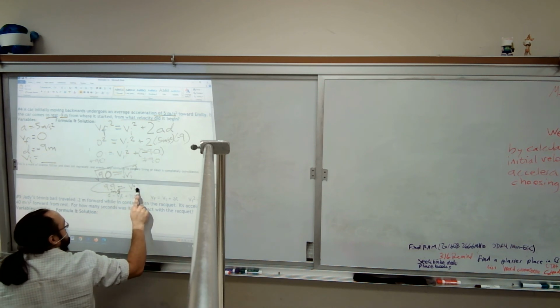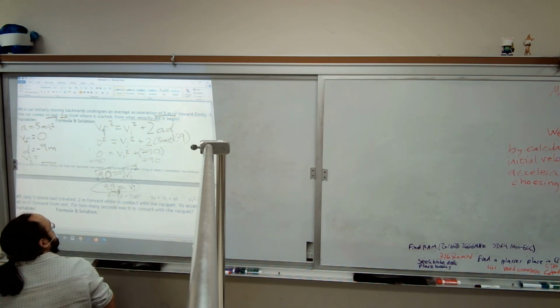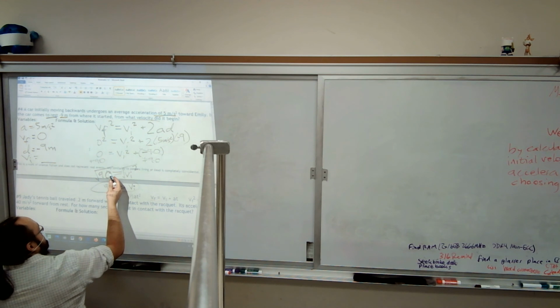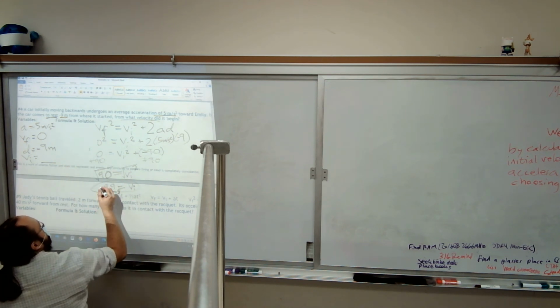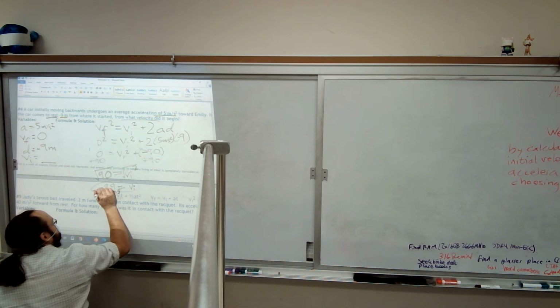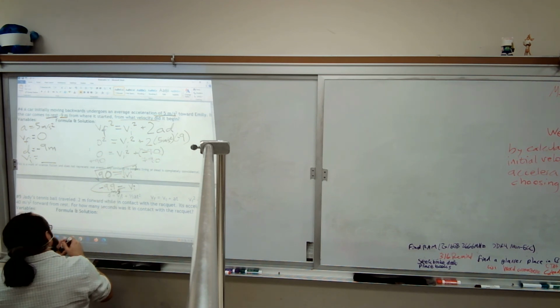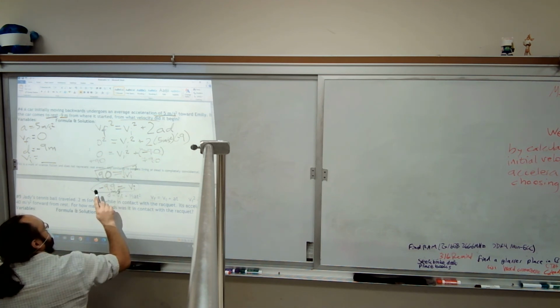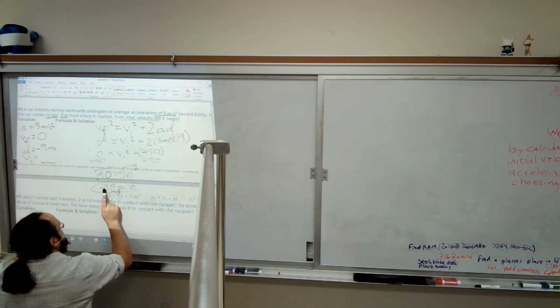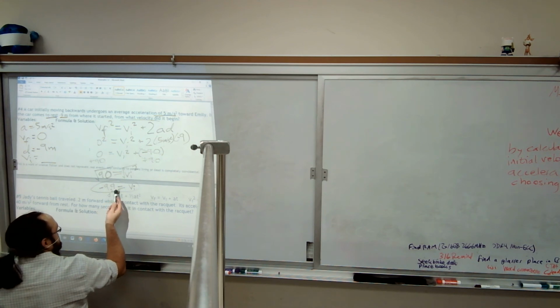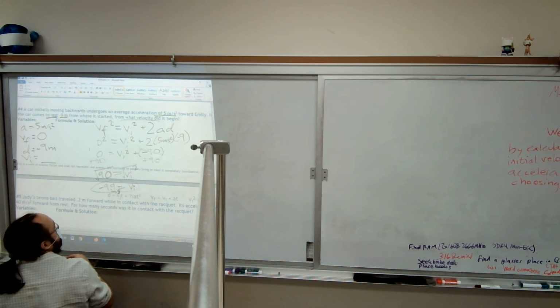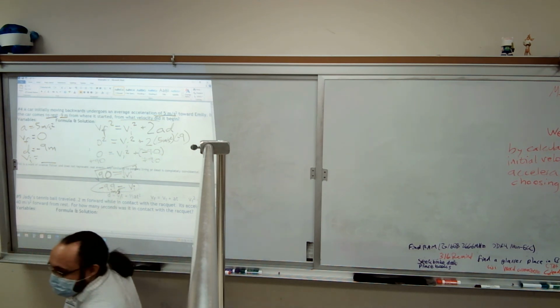So its initial velocity will be going backwards. And since the square root of 90 is plus or minus 9.9, we know it's actually minus. We know which one it is, which is kind of cool. So once you take the square root, it told you it's going backwards, so you know that this is negative 9.9 meters per second, which just means 9.9 meters per second in the backwards direction. So that's kind of neat.